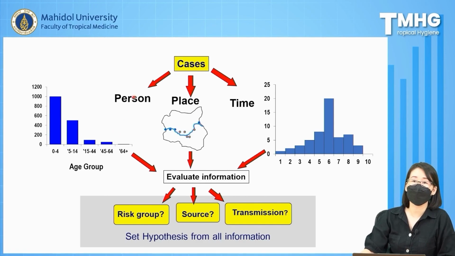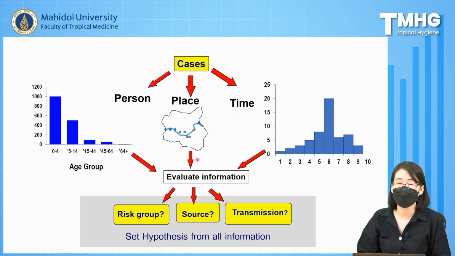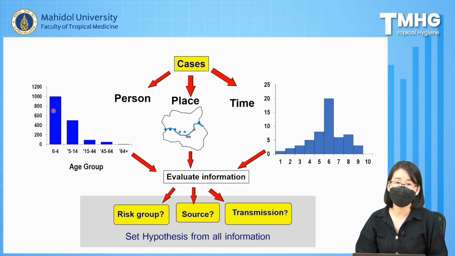Okay, so after that, we have already described the outbreak in person, place, and time. Right now we will evaluate the information. Do you know what the risk group is? From this graph, you can say that many cases were 0 to 4 years old, so the outbreak affected kindergarten children.